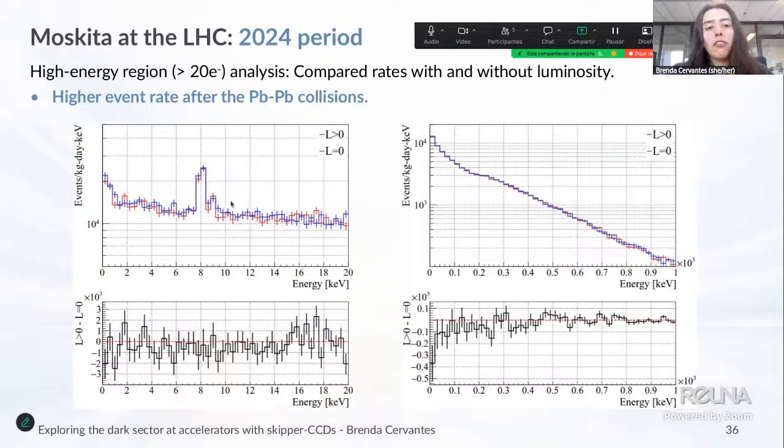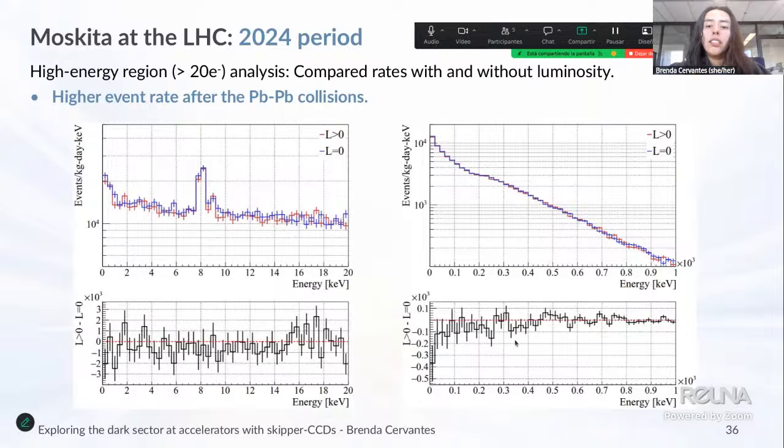If we subtract those two rates, we are consistent with 0, so we see no excess. But when we look at slightly higher energies and perform the subtraction, we see that we actually had a higher event rate after the lead-lead collisions happened.